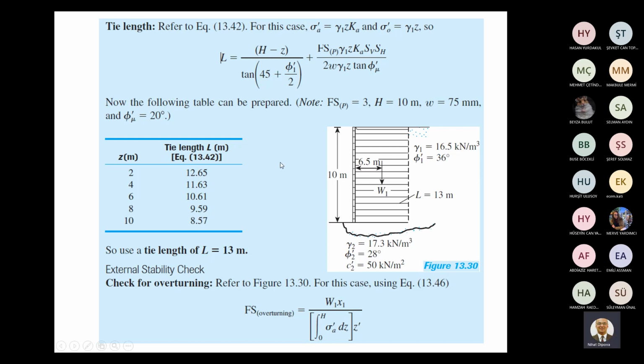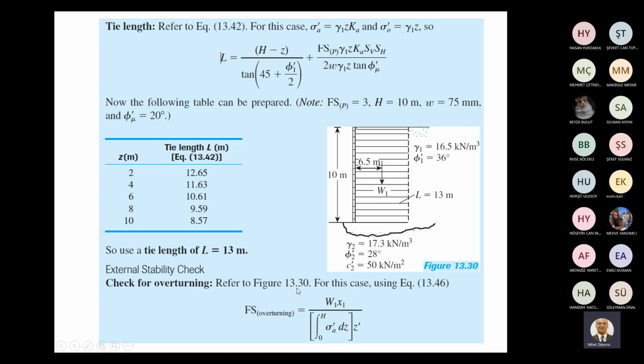Now, for changing that value here for every level, we can make a table such as given here for different depth. The length L can be calculated. Generally, the maximum value is taken to be on the safe side. So the maximum value is 12.65. 13 meters can be taken as length.